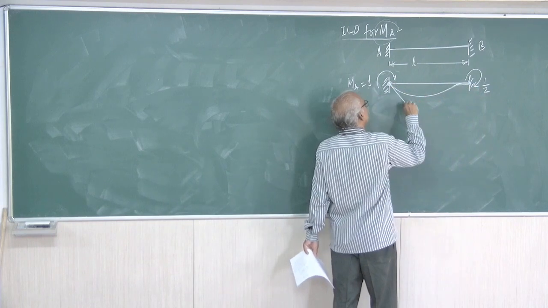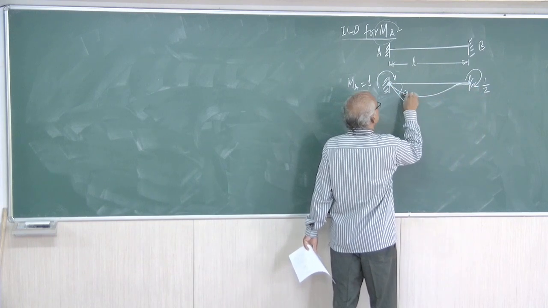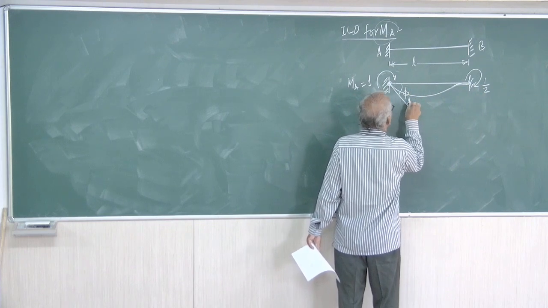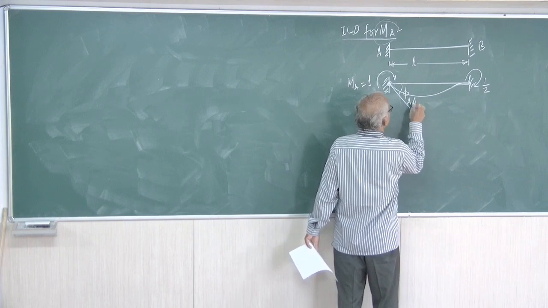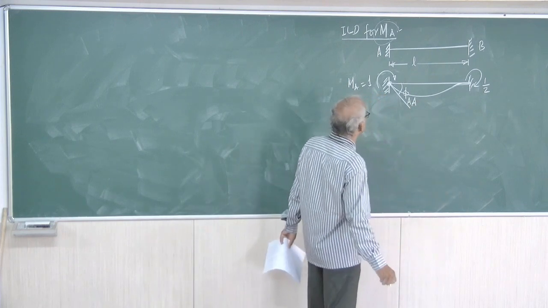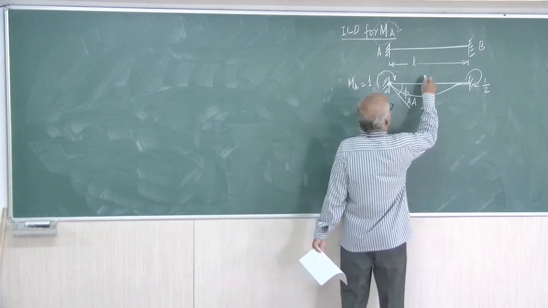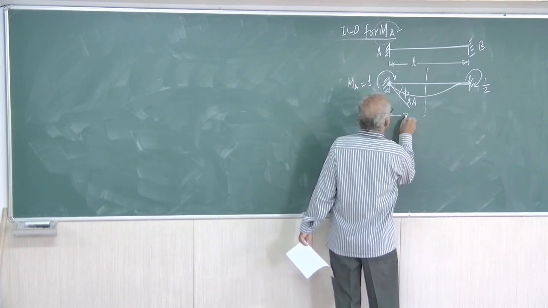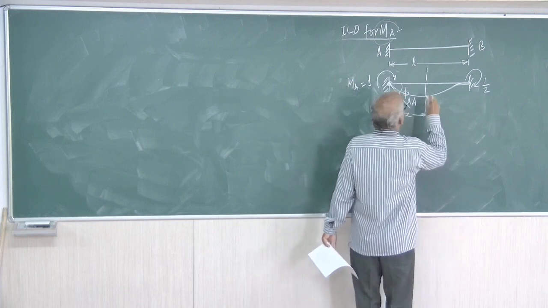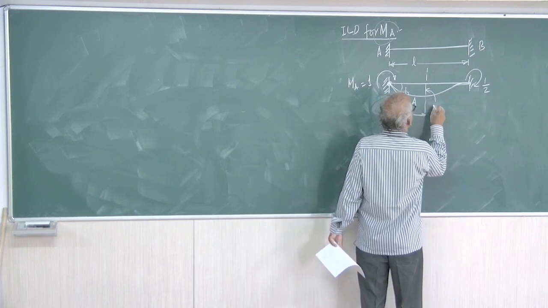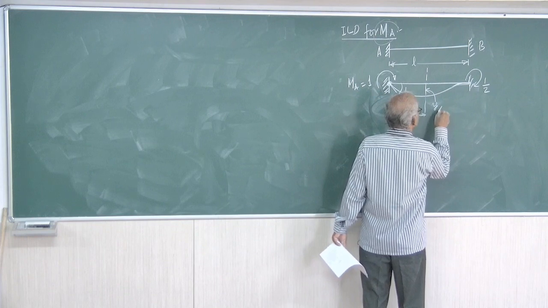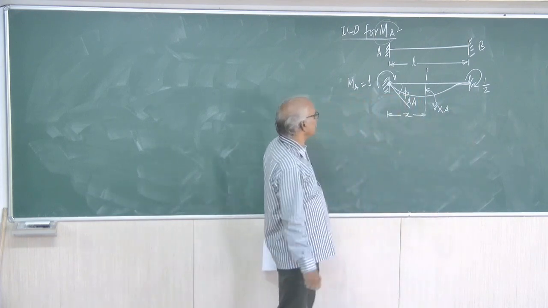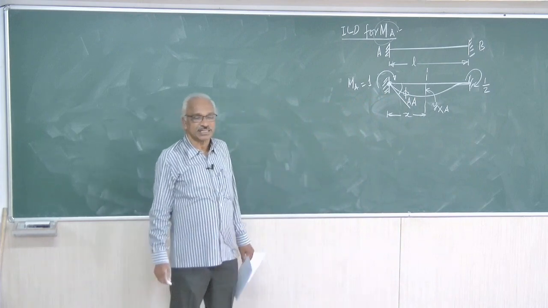Now, this will be the rotation phi at the point A due to unit moment at A. Suppose this is X. Now, this will be the deflection at the section X due to unit moment at A. Deflection at X due to unit moment at A.